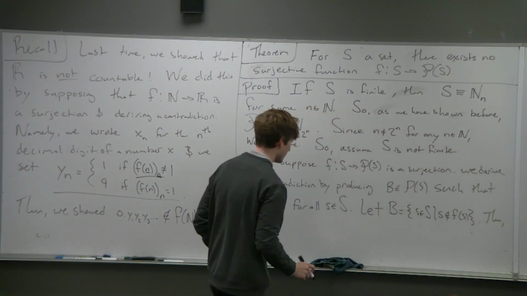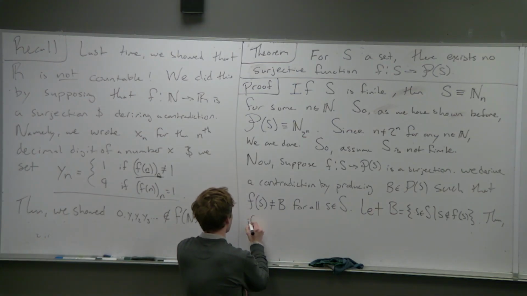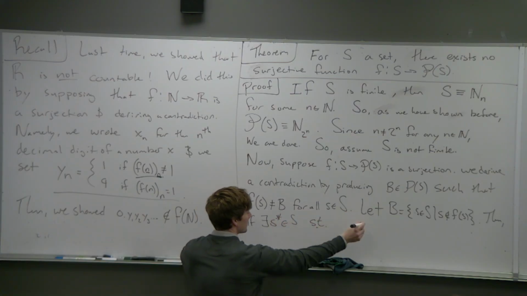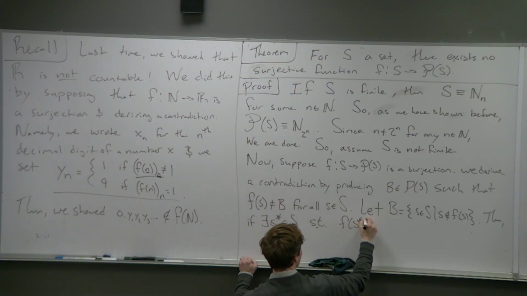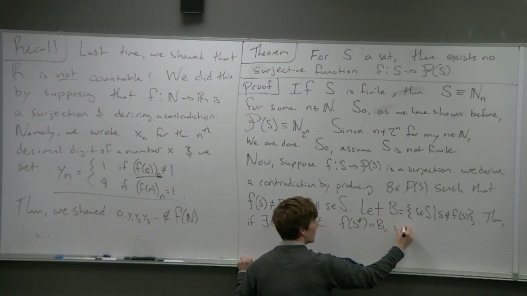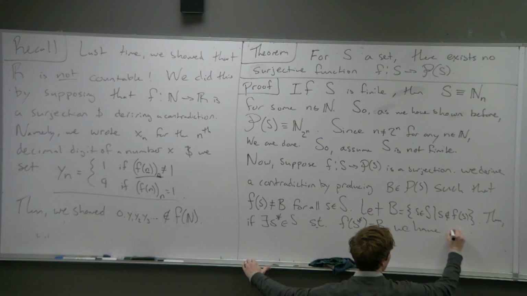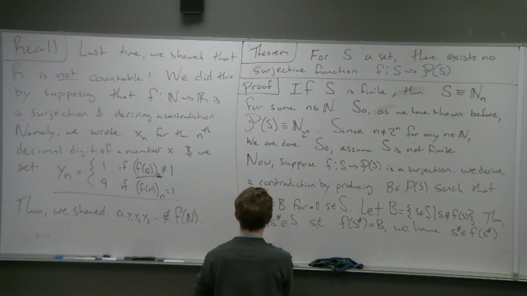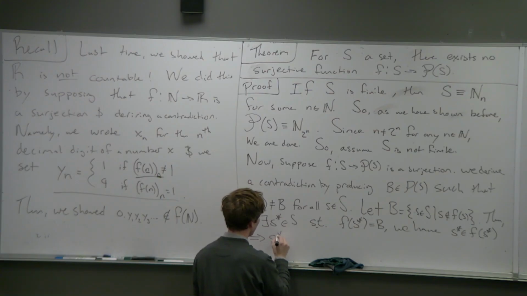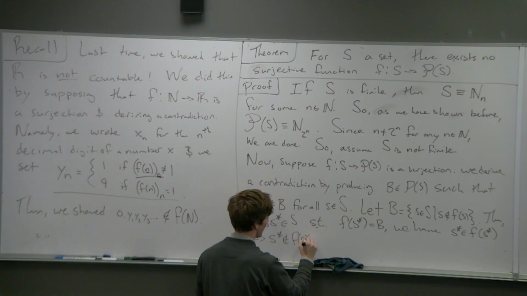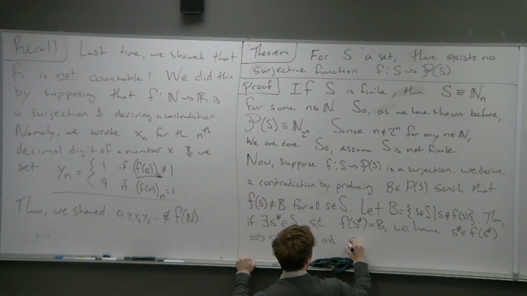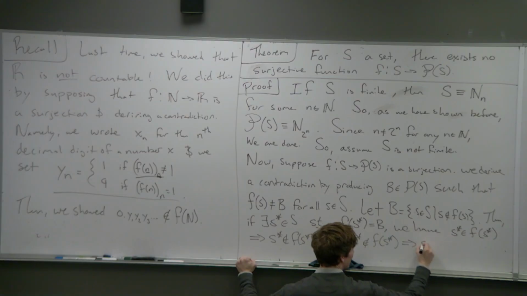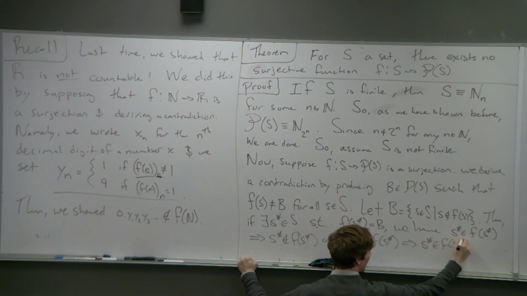Then there exists some S star in S such that f of S star equals B. We have S star in f of S star implies S star not in f of S star, and S star not in f of S star implies S star in f of S star.